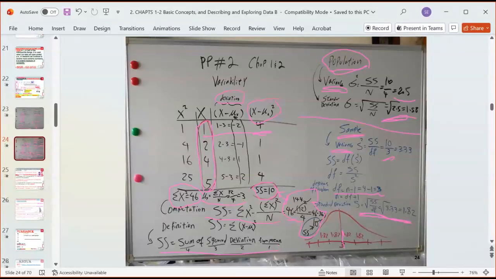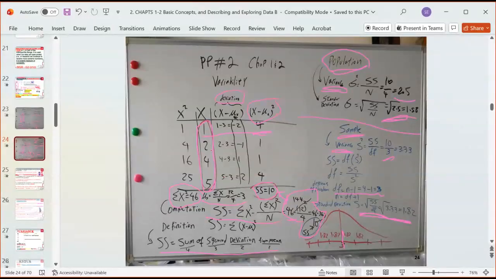So let's do it. First task is the mean. Calculate the mean for the x right there. Mean is sum of x divided by n, and sum of x is 12. 12 divided by 4 is 3. So that's the mean. Now deviation is the next column, distance from mean.